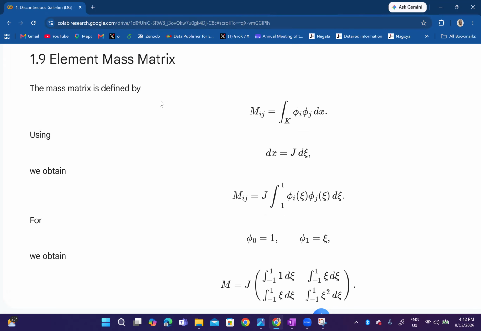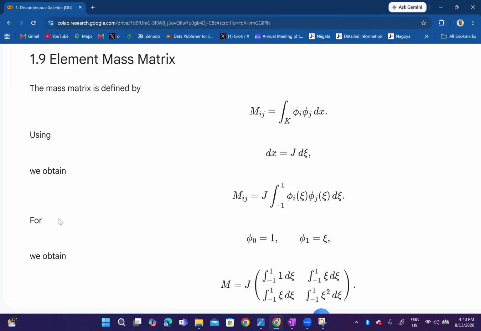We then have the element mass matrix. The mass matrix is defined by m sub ij equals the integral over K of phi i phi j dx. Using the fact that dx is j d psi, we obtain m sub ij equals j, which is constant, so take it out, times the integral from -1 to 1 of phi i of psi phi j of psi d psi. So j is out already.